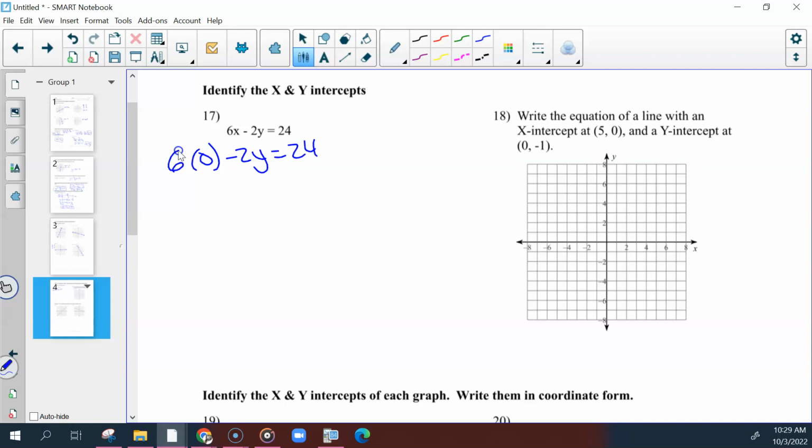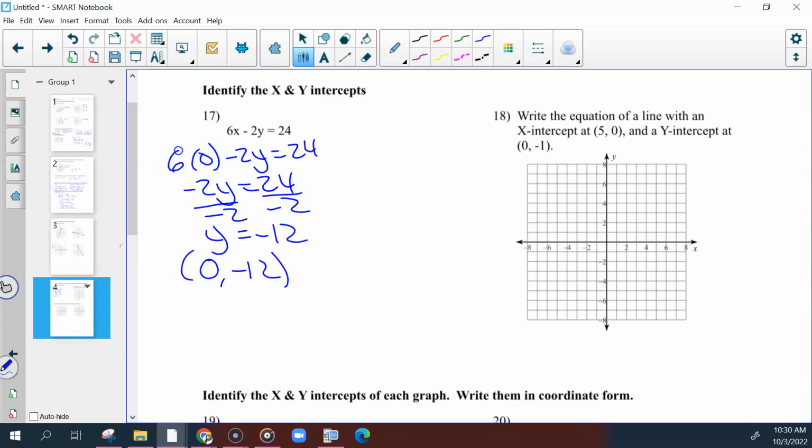Some of you started to convert this, put it in slope-intercept form, which would have been fine work to find your y-intercept, but then you still would have had to do the work to find your x-intercept. And then divide everything by -2. Again, be careful with your signs. Some of you weren't bringing down the negative, which made your y-intercept positive instead of negative.